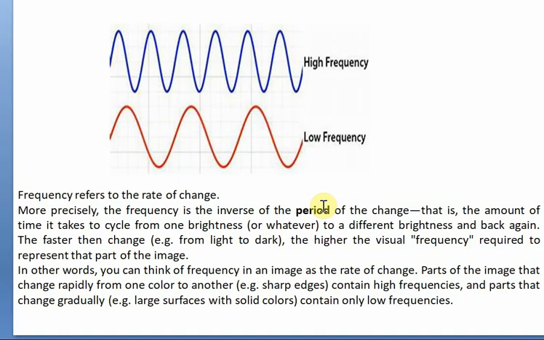How can we find a similarity between frequency and an image? Take one image. An image has many pixels and many intensity values. If you observe the intensity values row wise or column wise, you may expect values like 10, 9, 10, 10, 10, 10, then 10, 0, then 1, 2, 3.